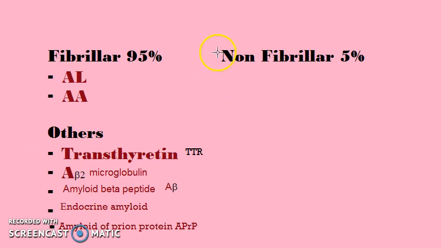Amyloid fibrillar components. That is why amyloid is also called beta fibrillosis. Correct? Now tell me which are the fibrillar components?